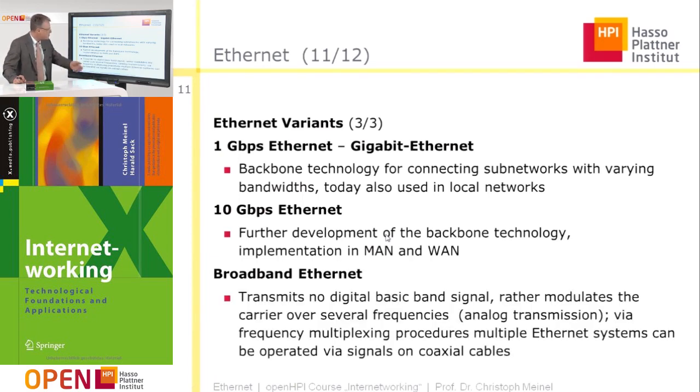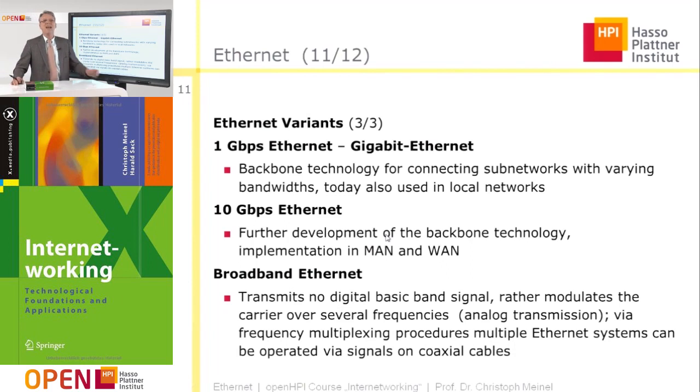And then the broadband Ethernet. This is a new technology. Here, transmission is no longer done by transporting digital baseband signals. Here, different signals are modulated onto the carrier over several frequencies.